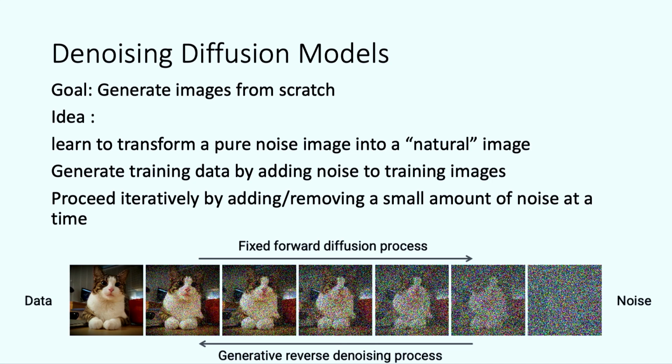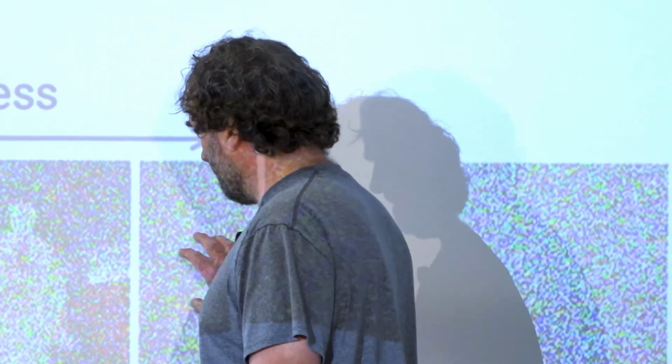And because adding noise is easy, it's easy to generate data to train this inverse process. So you just take a database of a gazillion images, you add the noise, and then you train a neural network to go from this image to this image, then from this image to this image, et cetera, until you go here.